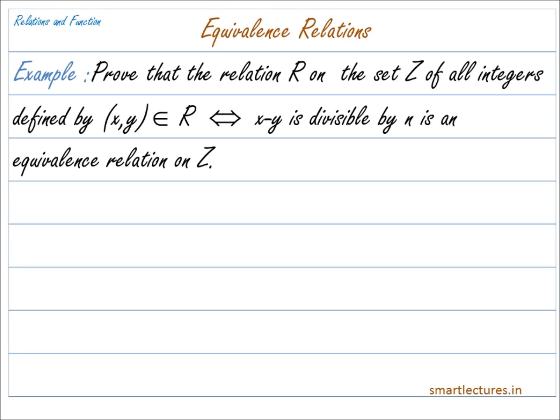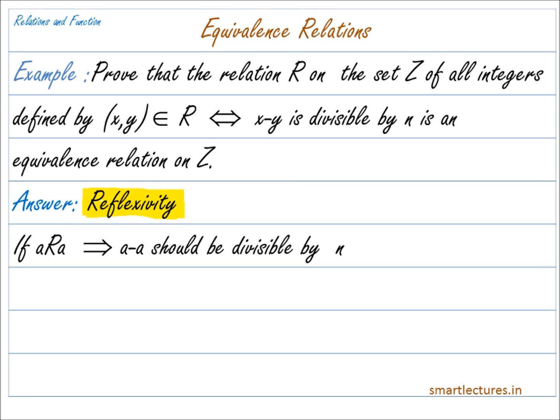Now let's first check it for reflexivity. Now this relation will be reflexive if a is related to a. Now as per this relation, if (a, a) belongs to R, then that means a minus a should be divisible by n.